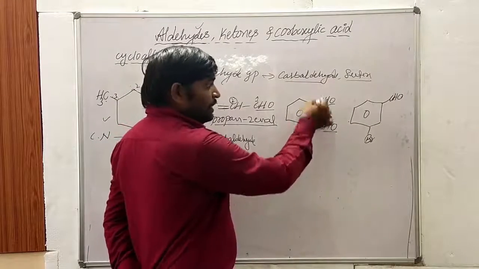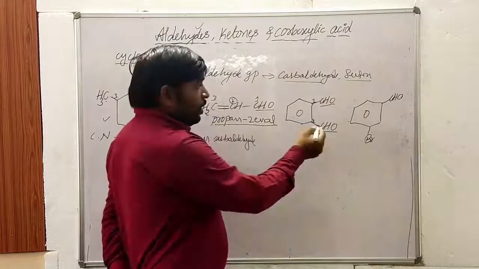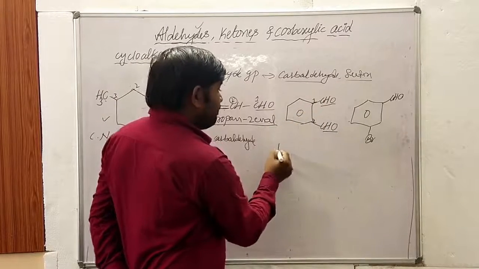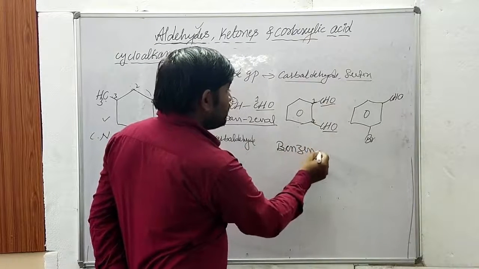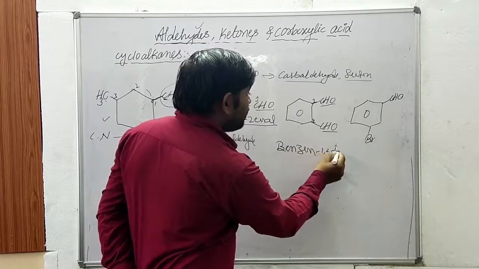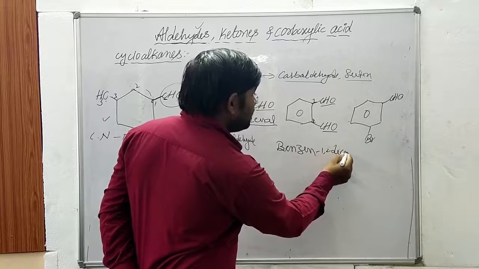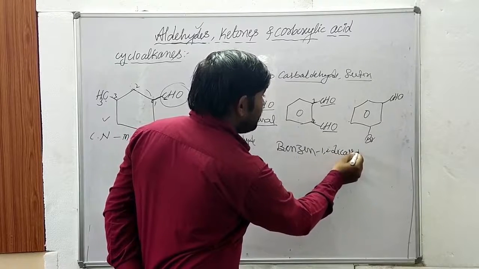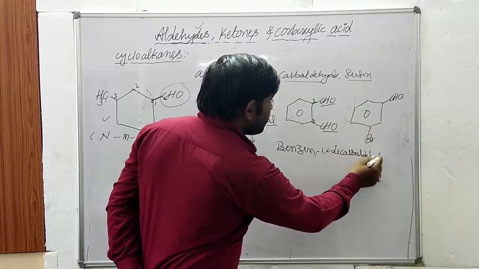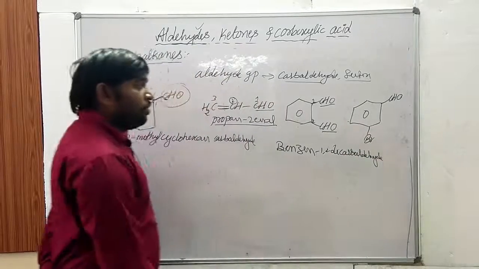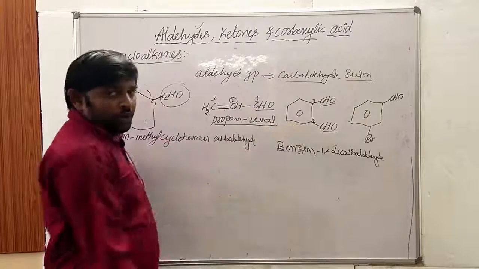If it is 1, it will become 2. Okay, this is 1, 2. So what is the name? Benzene 1, 2 dicarbaldehyde. 1, 2 dicarbaldehyde is the name of this molecule.